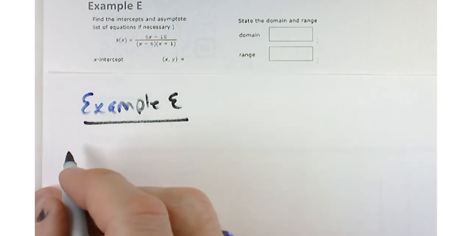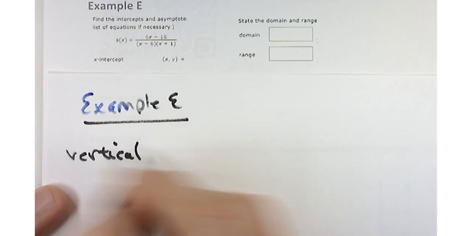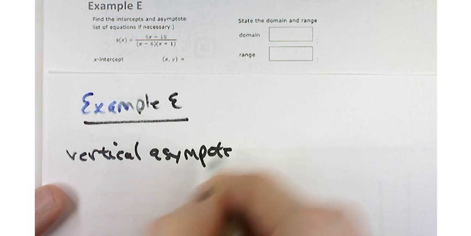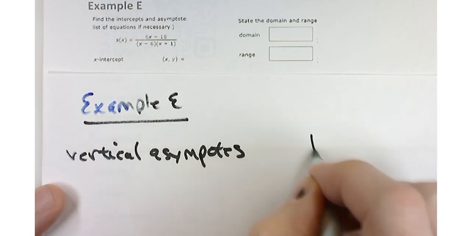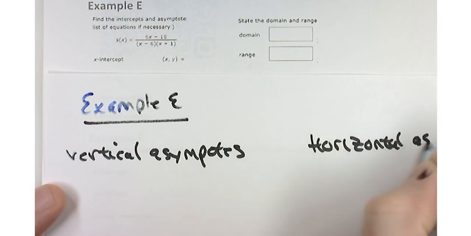So let's start by finding those. Vertical asymptotes. And then horizontal asymptote.